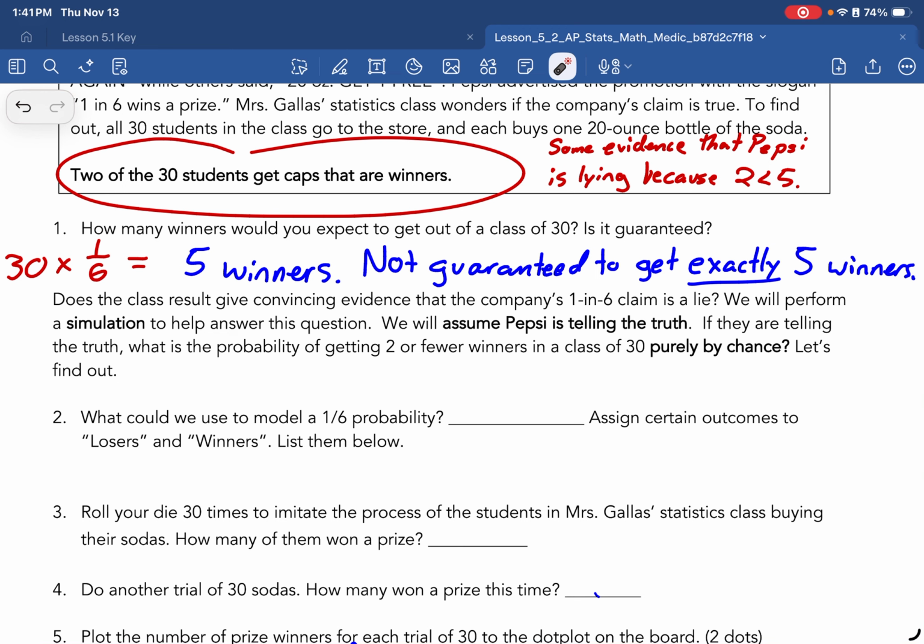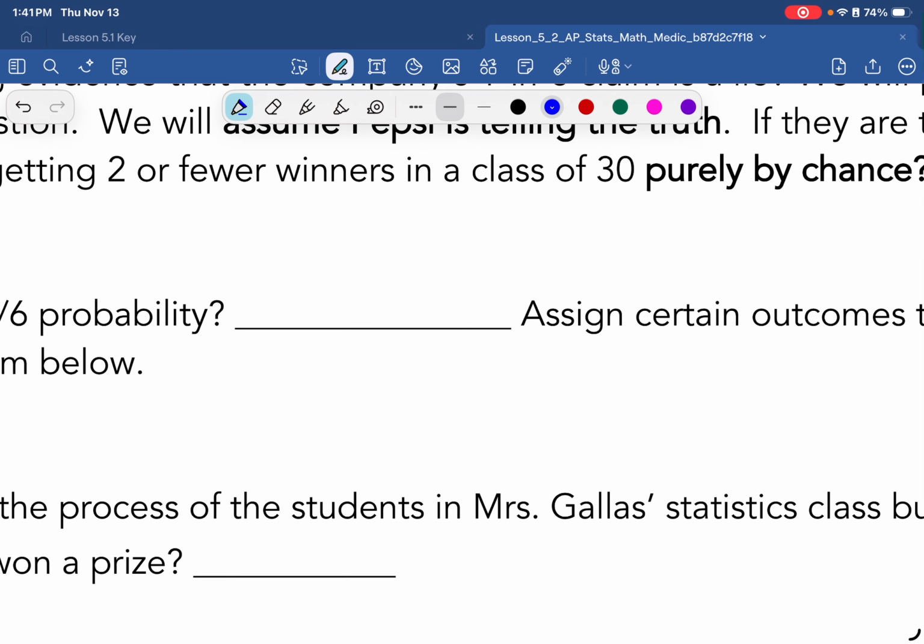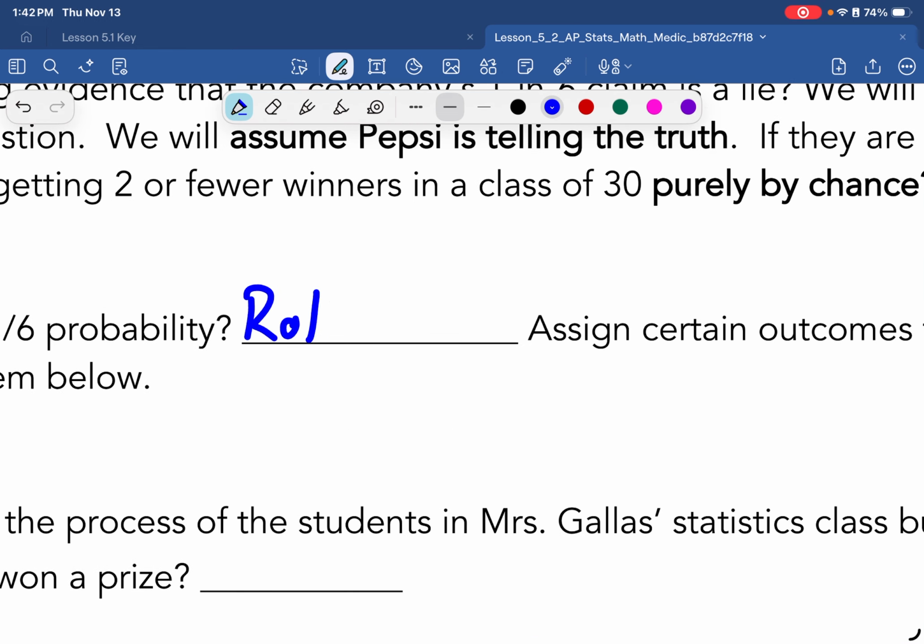We're going to determine, if they're telling the truth, what's the probability of getting 2 or fewer winners in a class of 30 purely by chance? Let's find out. What's the easiest thing you would think of that models a 1 in 6 probability in real life? For me, it's rolling a dice.